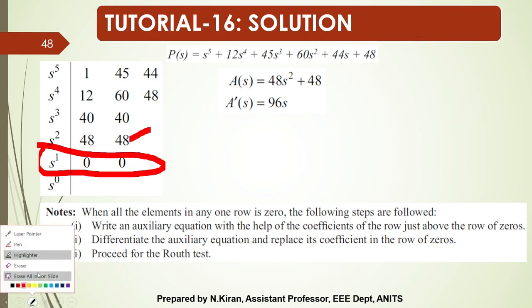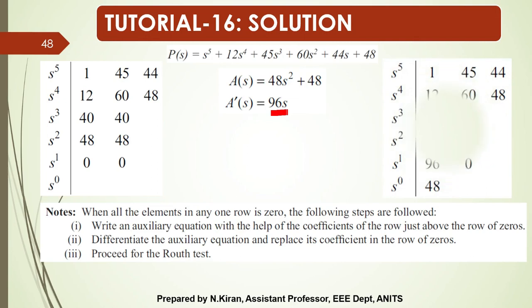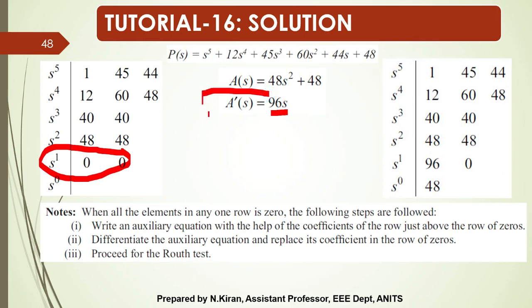Okay, so if I differentiate that, it gives me 96s, isn't it? So now I'll replace this row of zeros with the coefficients of the differentiated auxiliary equation. So in this case it is 96, isn't it? So it is 96 and 0.